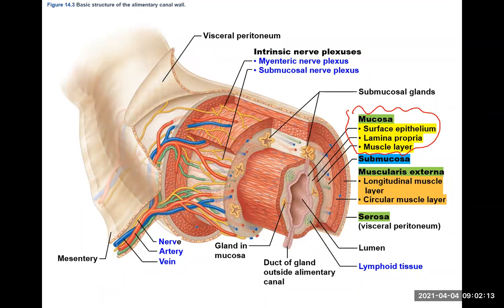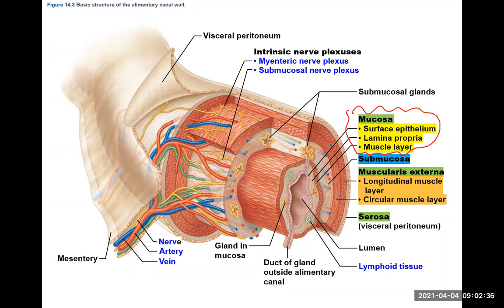We said that mucosa is made up of three important layers. The innermost layer is made up of simple columnar epithelia in the stomach or small intestines, but it changes from one place to another. For example, this layer is made up of stratified squamous epithelia in the mouth or in the anus.